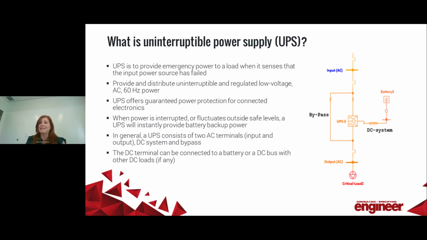You may be asking yourself, if I have all of these potential forms of generation and a backup generator, why do I need a UPS? UPS stands for uninterruptible power supply. There is no startup time for a UPS to come online.